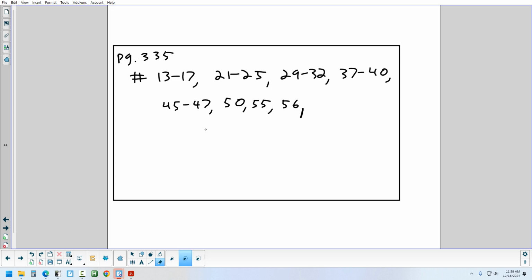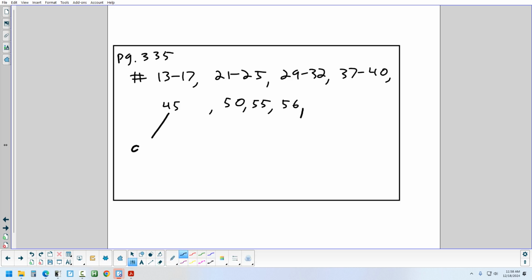Only asking for sine and cosine on those ones. 21 to 25, it's having you do the other ones that aren't sine and cosine. 29 to 32, that's all on the calculator. 37 to 40, that's all on the calculator. Let's do 45.